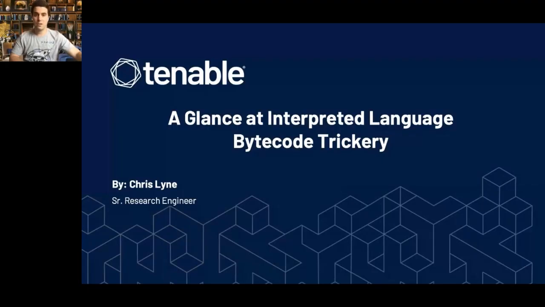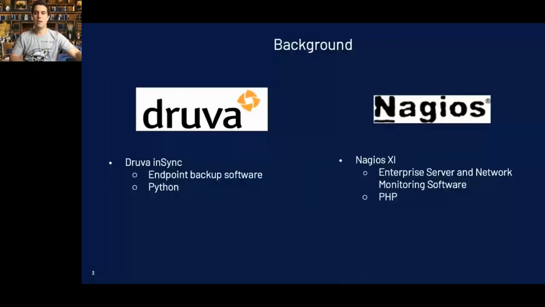Some background for this talk. There were two research projects that kind of sparked the content for this. I was looking at Druva inSync, which is an endpoint backup software, and Nagios XI, which is an enterprise server and network monitoring software. Druva was written in Python, Nagios is written in PHP.